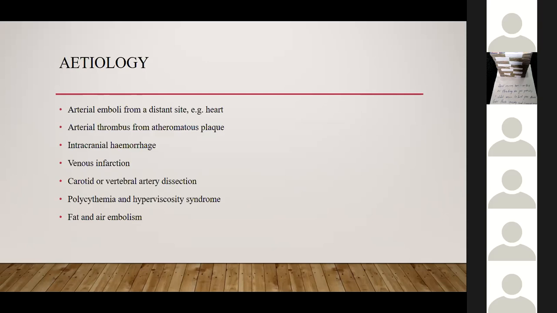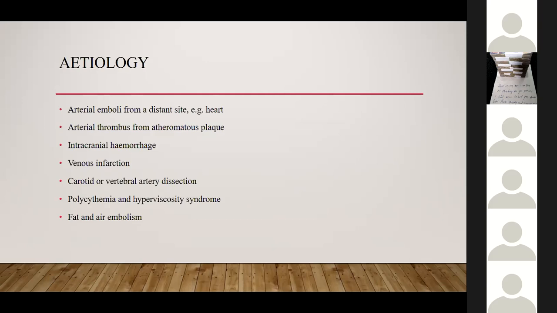And once you form this blood clot in the heart, it can dislodge and then go through the aorta and end up in the brain. And then you can have a stroke from there. You can sometimes also have a blockage in the blood vessels of the brain itself. Your cerebral arteries can become clogged, and then you can have a stroke. Sometimes the blood pressure can go so high that it can lead to rupture of the blood vessel, what we call intracranial hemorrhage, which will lead to a stroke.